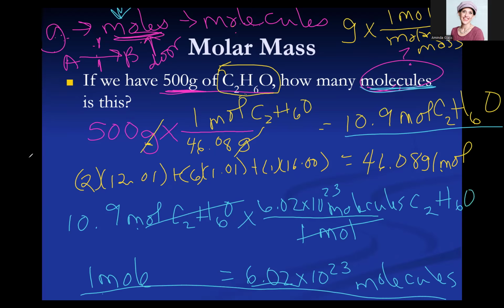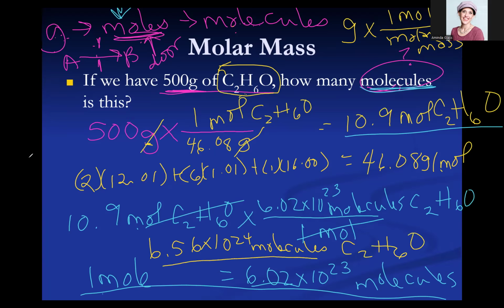And this is 10.9 times 6.02 times 10 to the 23rd divided by 1. And that gives us an answer of 6.56 times 10 to the 24th molecules of C2H6O.